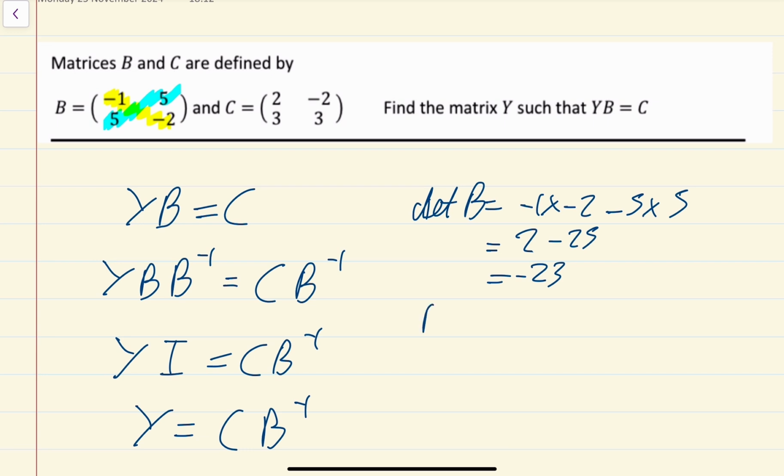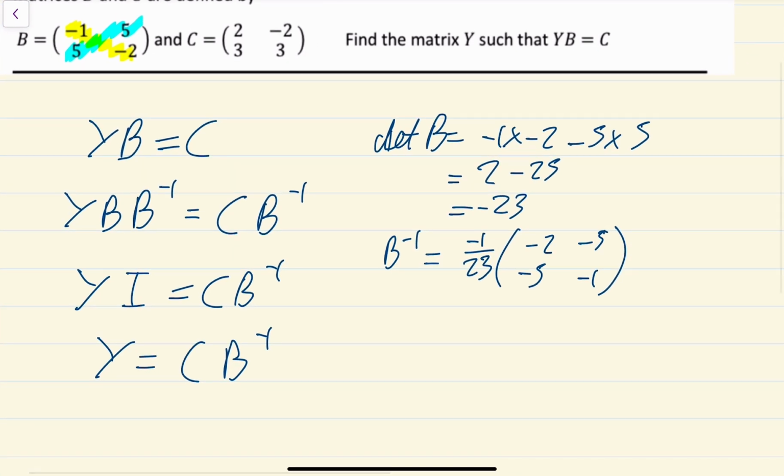So my inverse of B is 1 over the determinant, which I'll write as minus 1 over 23. Then you swap the elements in the leading diagonal, so the minus 1 and the minus 2 switch around, and the sign of the other two elements changes. They were both positive, so now they both become negative. Positives become negatives, negatives become positives, and that is it.